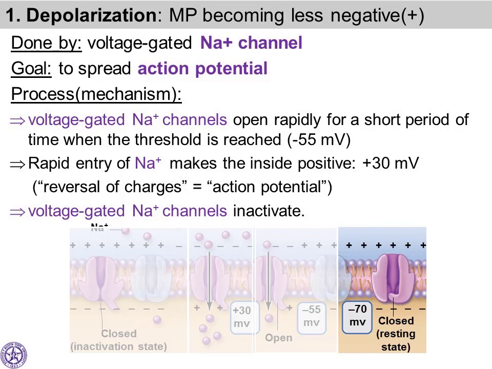So, sodium voltage gated channel, sodium comes in. And since we have all these neighboring sodium voltage gated channels and potassium voltage gated channels, the sodium coming in from the first as it spreads out is going to change the membrane potential under the neighboring sodium voltage gated channel to at least minus 55, and then it's going to open.